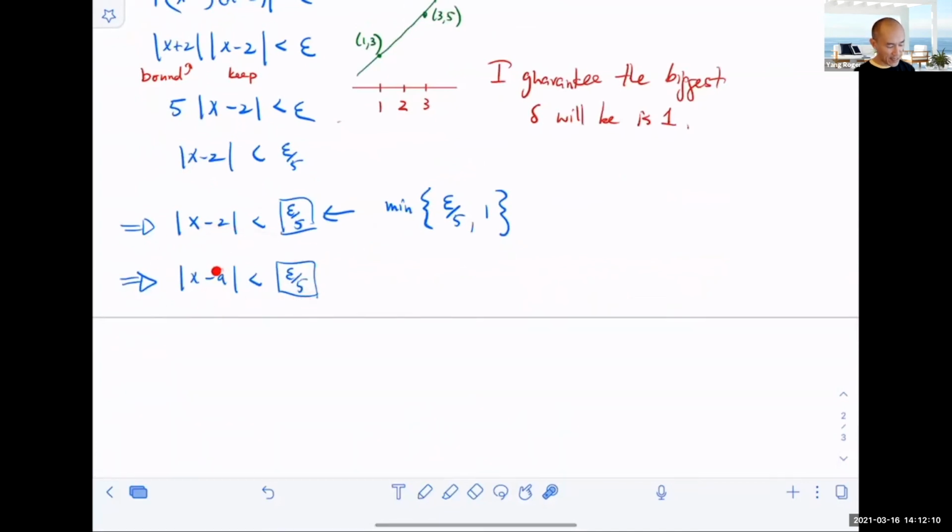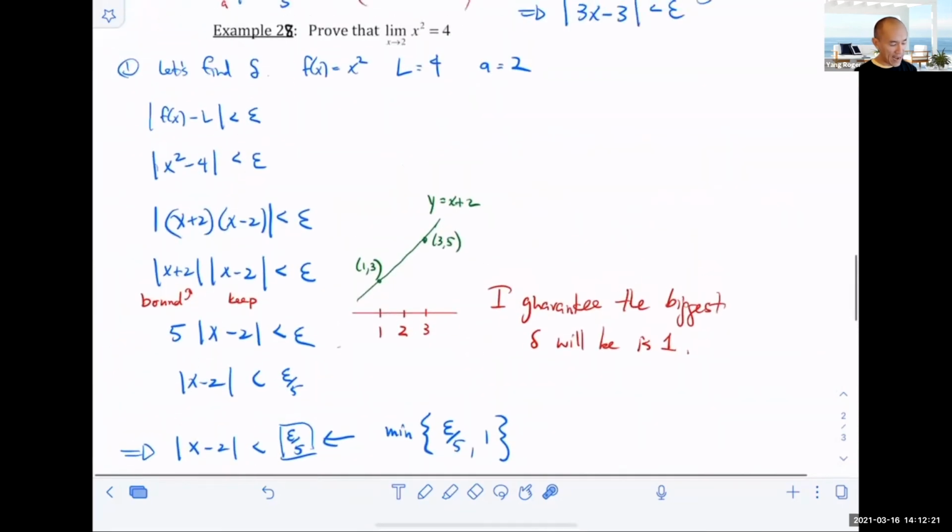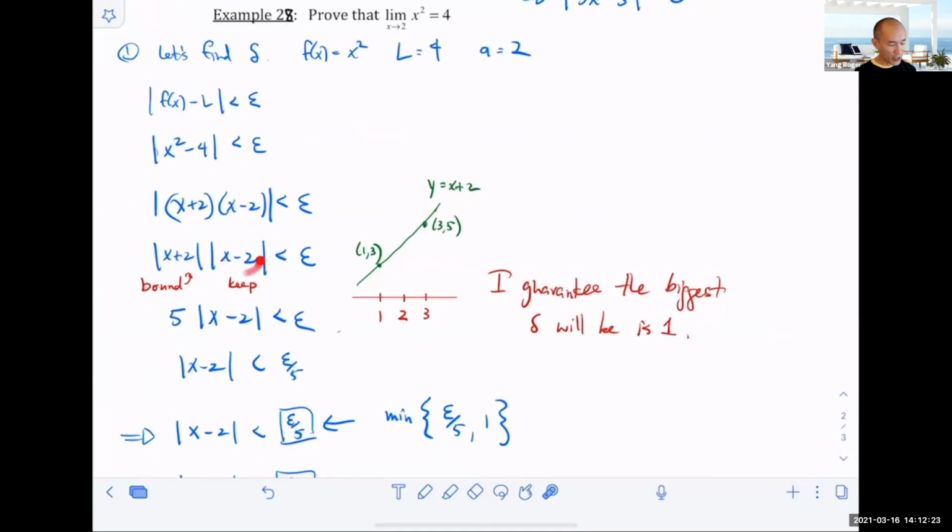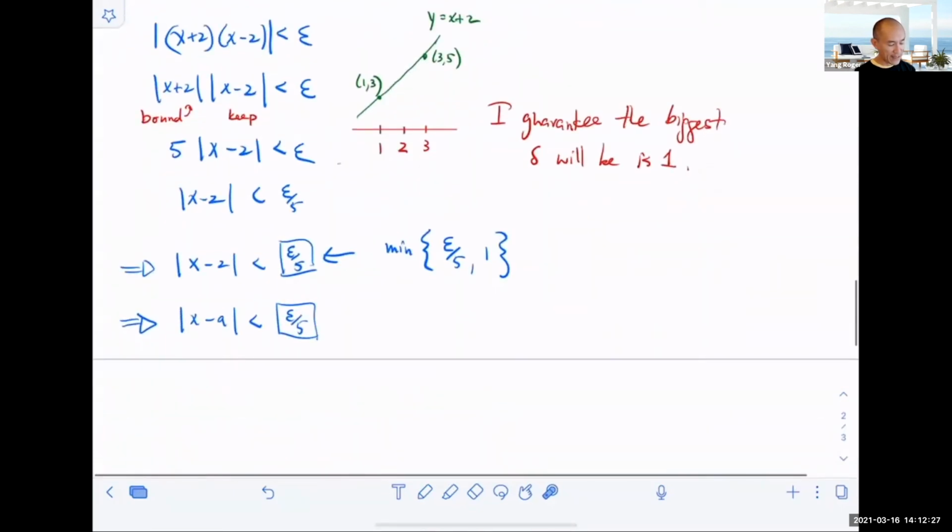And when I filled in the A was 2, this told me, oh, I want to keep the x minus 2 factor, and I want to replace whatever other factor there is. So when I go up to where I factored it, I see one term is x minus 2 and one term is x plus 2. And by virtue of the fact that I want an x minus a at the end, I know I want to keep the x minus 2.